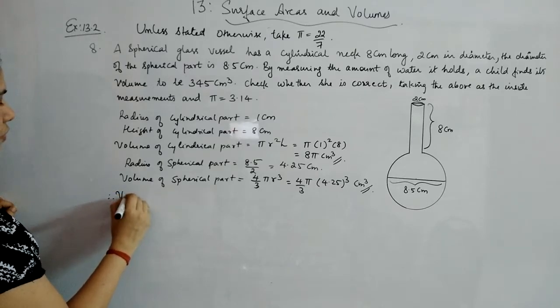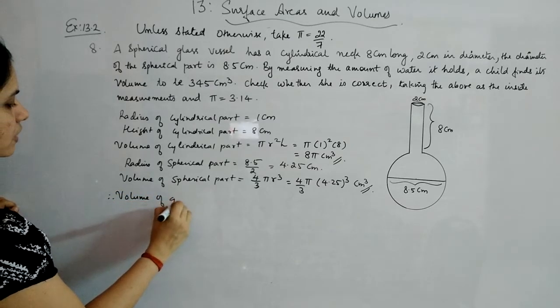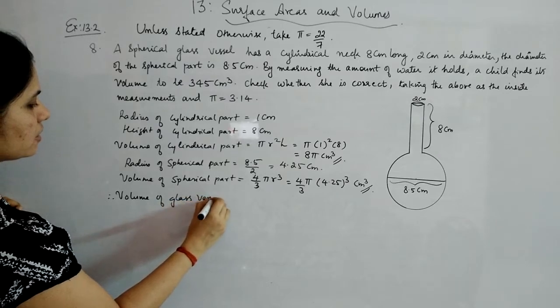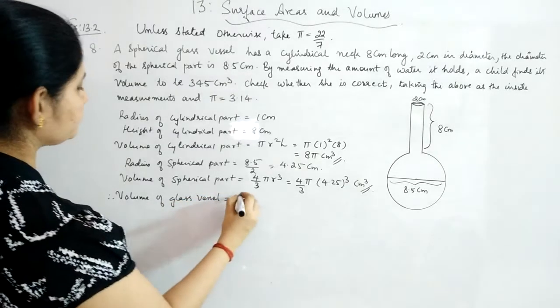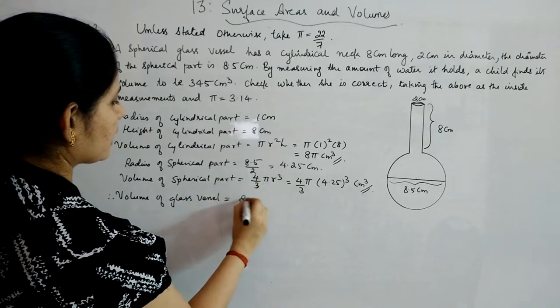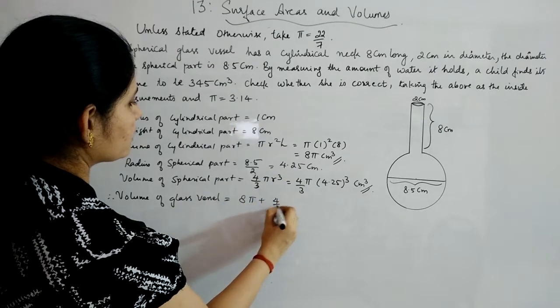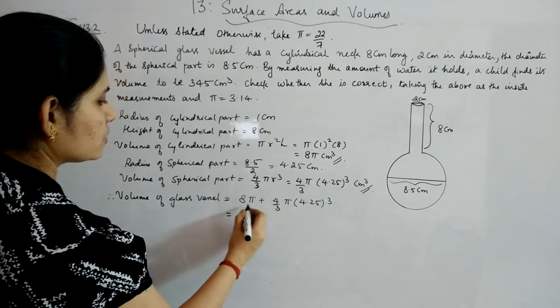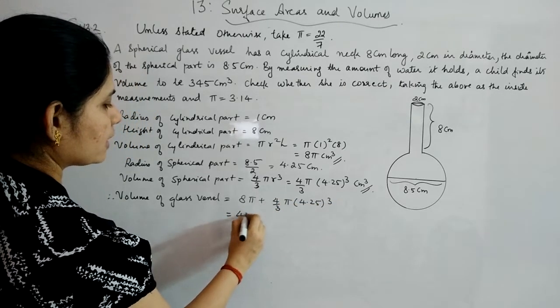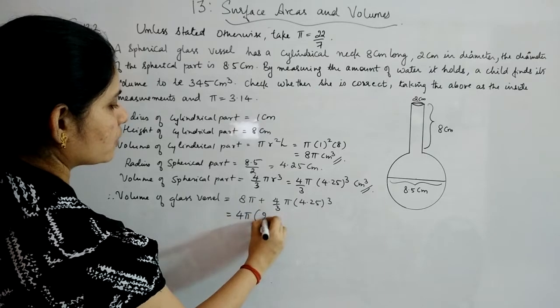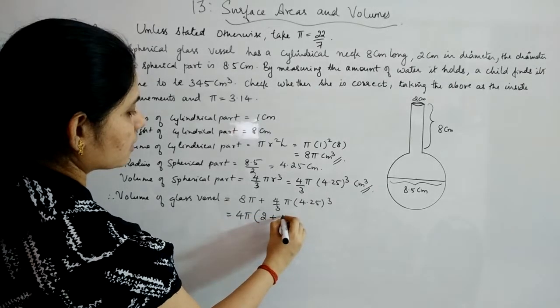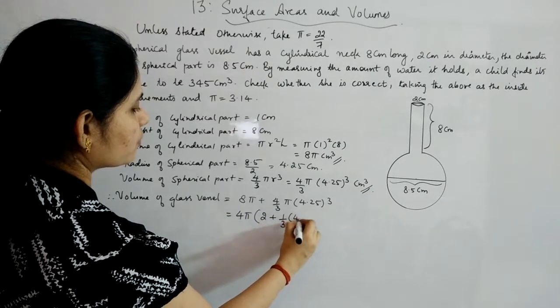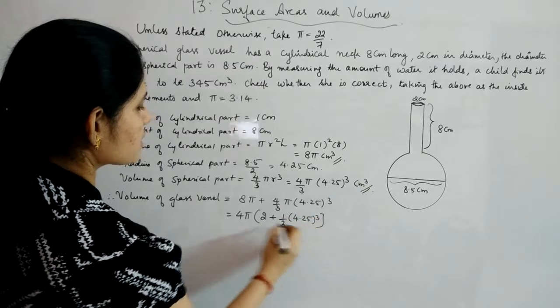Therefore, the volume of the glass vessel will be equal to 8 pi plus 4 by 3 pi into 4.25 the whole cube, which is equal to, here you can take out 4 pi in common so that this will have only 2, plus here you have 1 by 3 into 4.25 the whole cube, right?